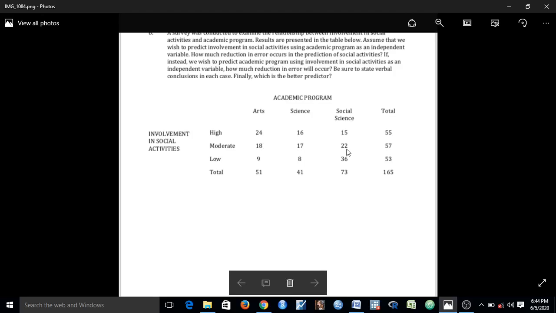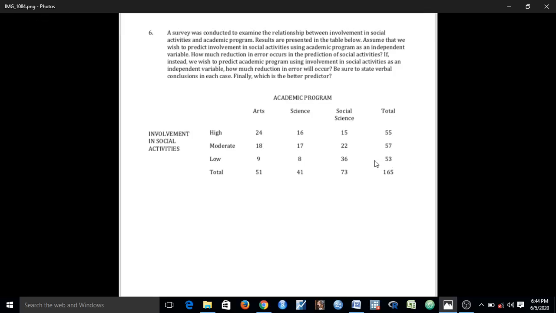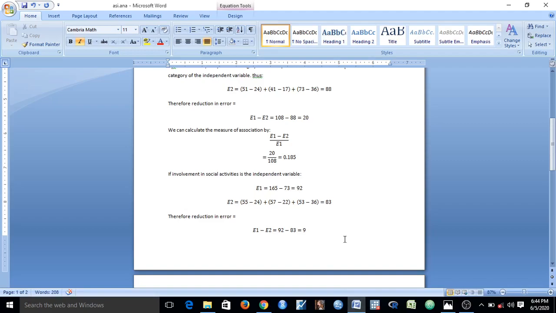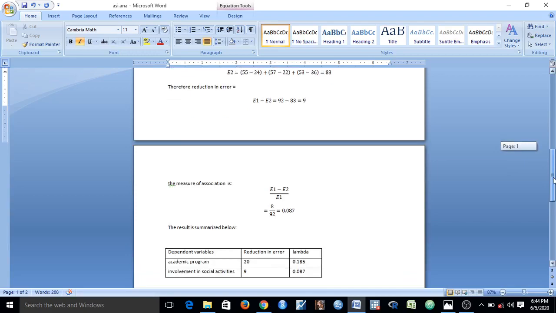The mode is 22, so 57 minus 22, plus the total here, 53, minus the mode. The mode is 36, so we have 53 minus 36. As you can see, 55 minus 24, 57 minus 22, and 53 minus 36 gives 83.